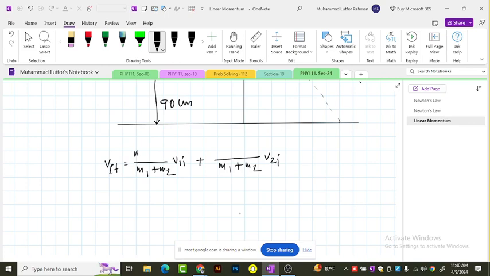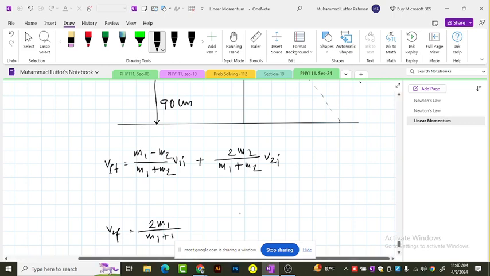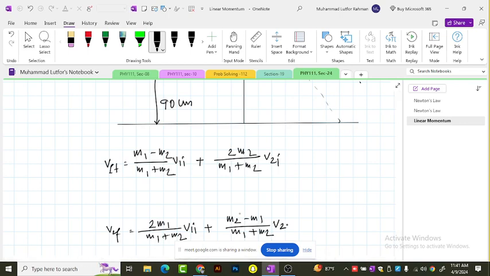This is the equation I'm writing again for you. And V2F should be 2M1/(M1 plus M2) V1I plus (M2 minus M1)/(M1 plus M2) times V2I. This was the equation, right?